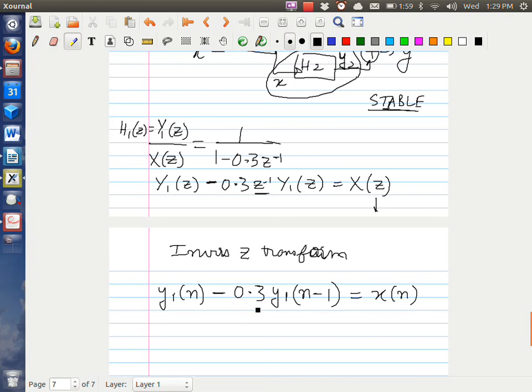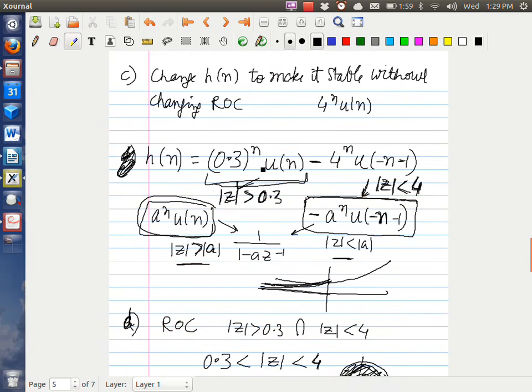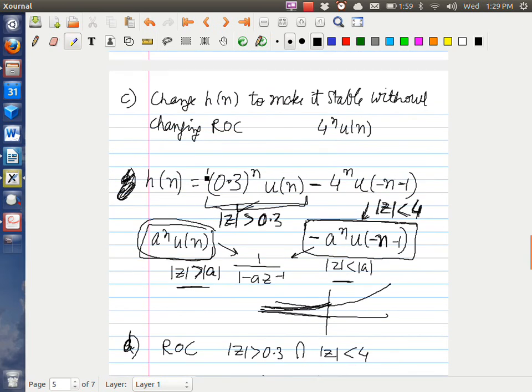So whenever you write a difference equation, you're evaluating y at the current time n, and you express that in terms of either the future values of y or the past values of y based on what you need. In this problem, the stable version that we came up with was causal, right?